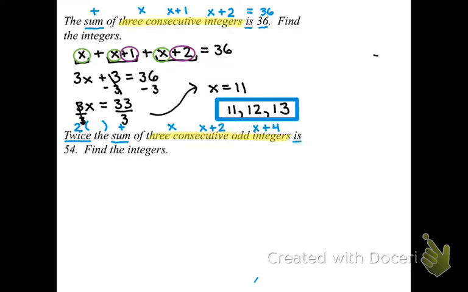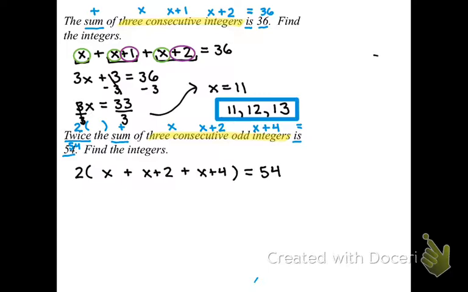And that word is still means equals, and we know it's going to equal 54. So let's dissect this. We have twice the sum, so 2 followed by that set of parentheses, and now inside that parentheses, we need the sum of x plus x plus 2 plus x plus 4, and that's going to equal 54. So here's our initial setup.